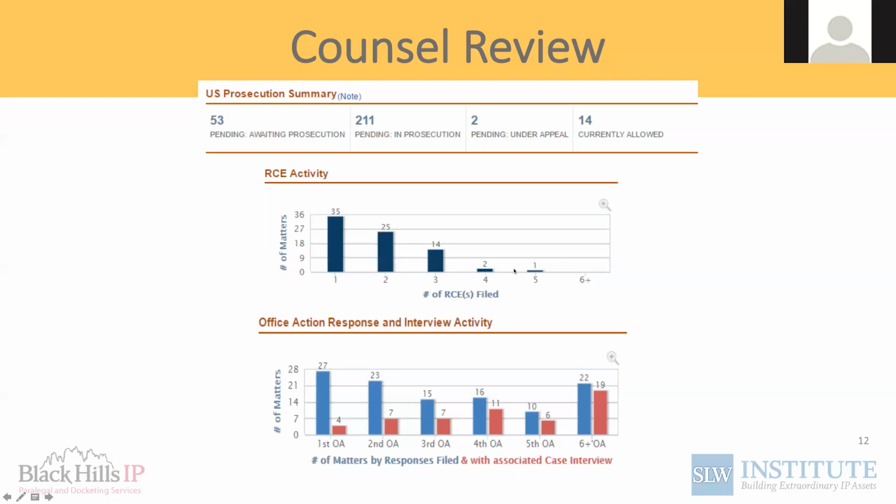So this is good. However, it's still quite high. 35 have at least one RCE. There's quite a few even that have 2, 3 plus on there. Given that this firm only has 211 matters, the number of RCEs seems a little high here.